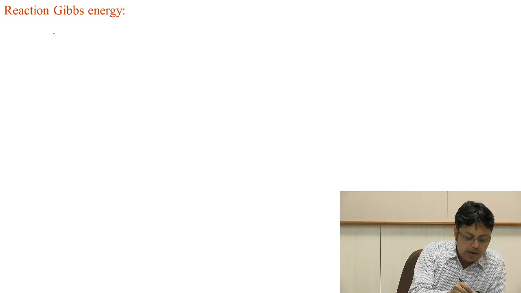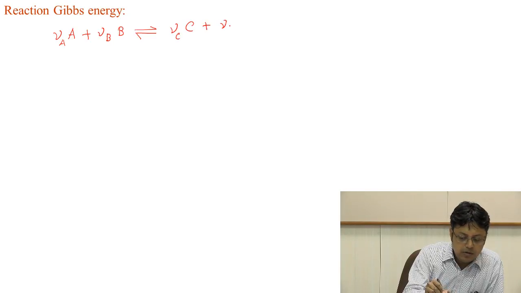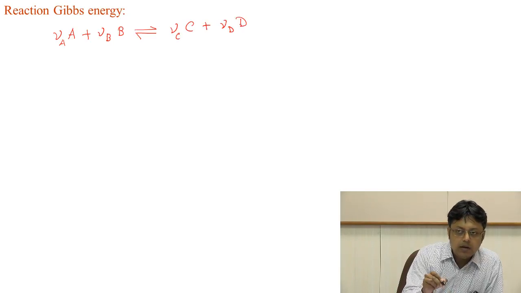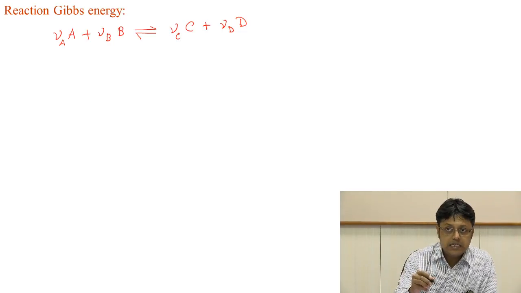Suppose we have a reaction which we are writing as nu A of A, where nu A is the stoichiometry of the reaction, plus nu B of B, and so on, and suppose it is in equilibrium with C and D, say nu C of C and nu D of D. When we discuss the rate of the reaction or the kinetics of the reaction, we'll use a similar concept.